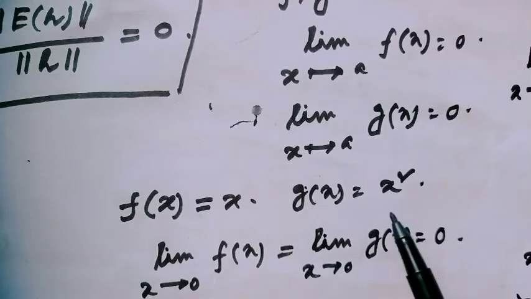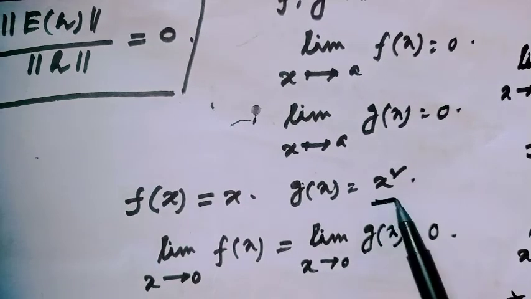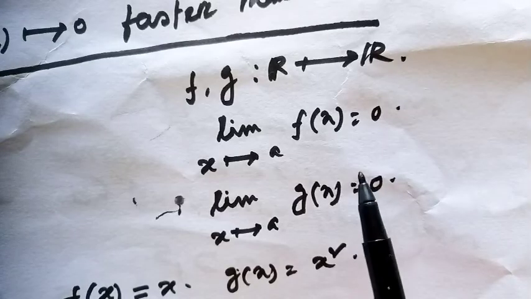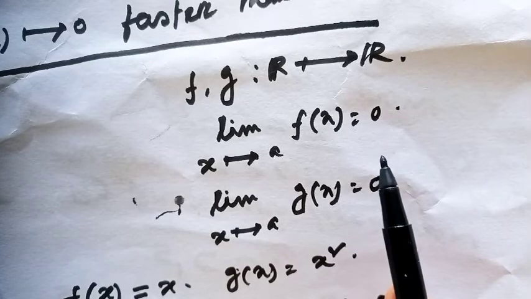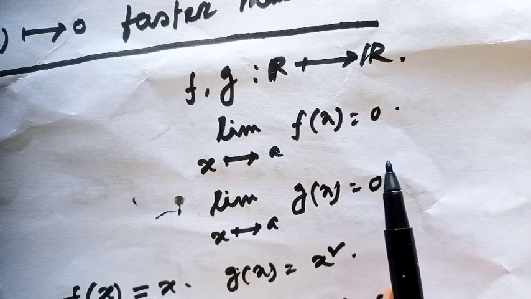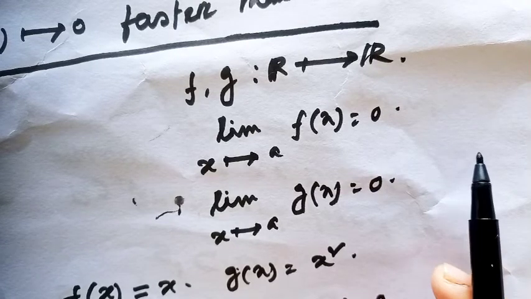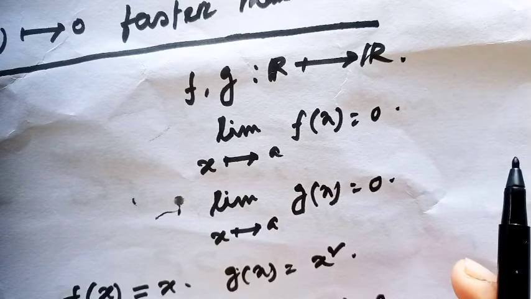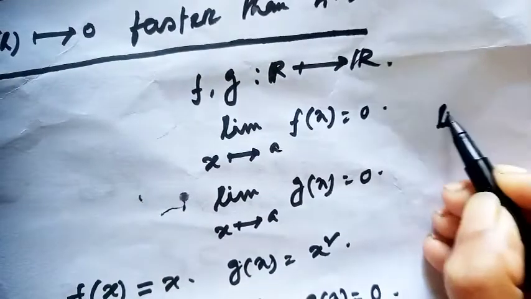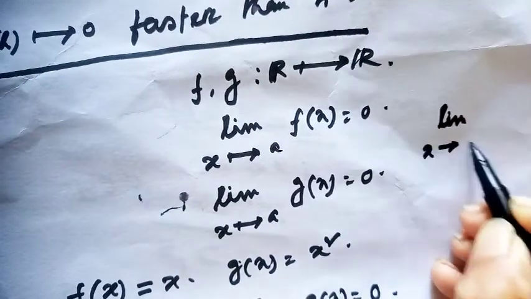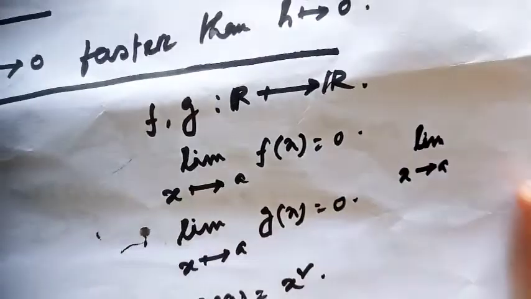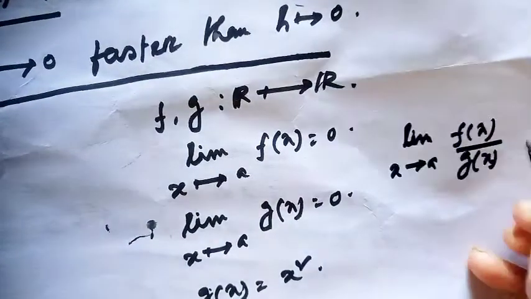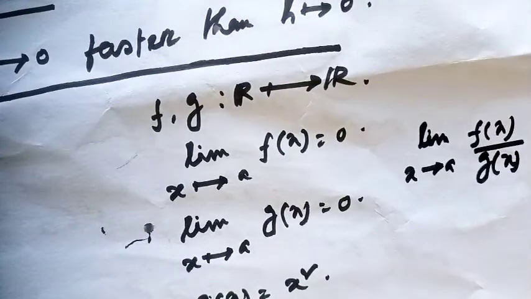But we all of us know g(x) goes to 0 faster than f(x) goes to 0. Actually limit x goes to a, f(x) goes to 0, then g(x) goes to 0 faster if limit x goes to a, f(x) over g(x) should be equal to 0.